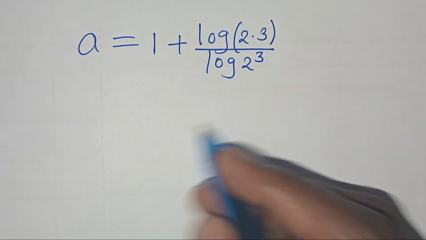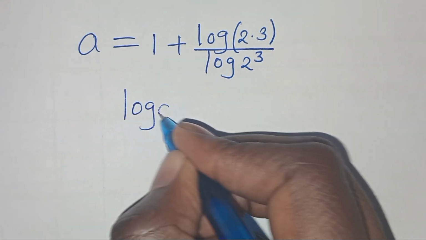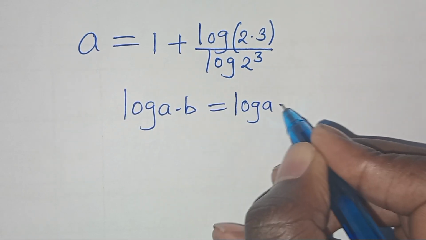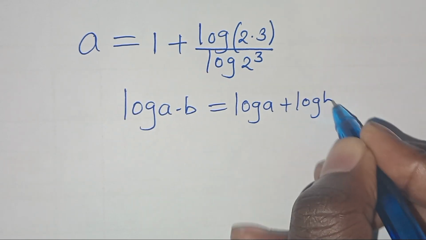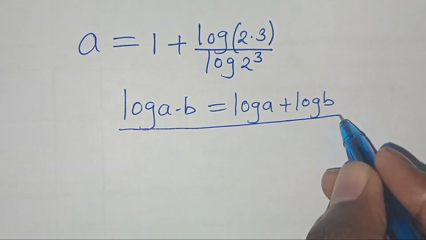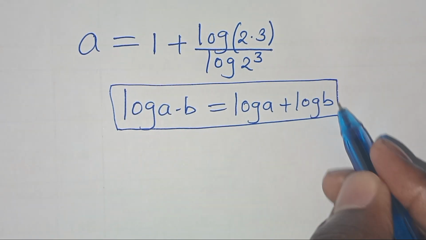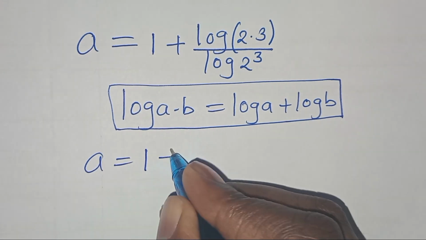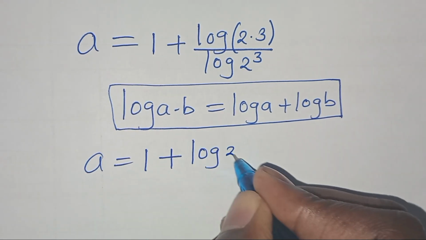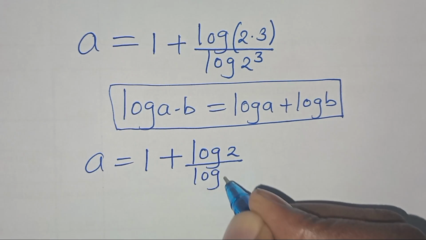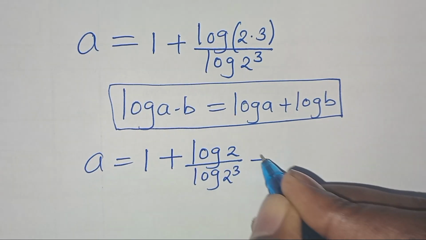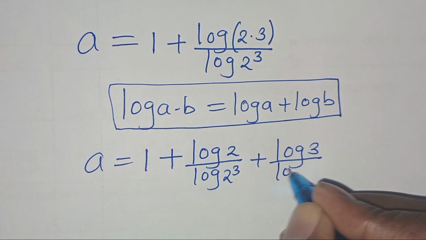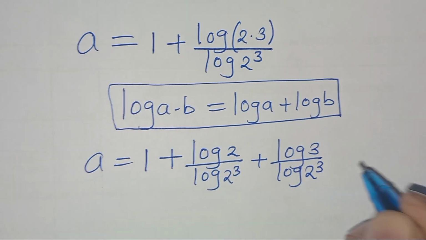Applying this logarithm property, you find that a is equal to 1 plus log 2 divided by log 2 to the power 3, then plus log 3 divided by log 2 to the power 3.